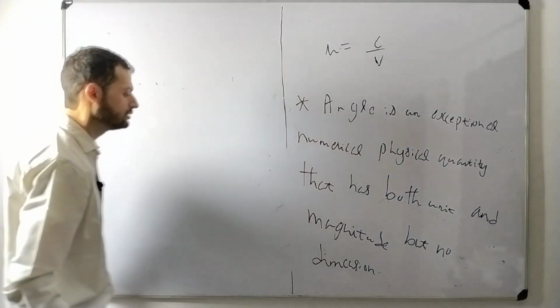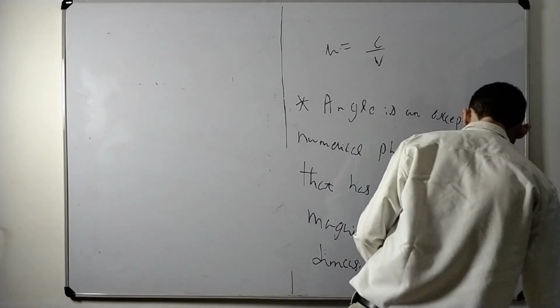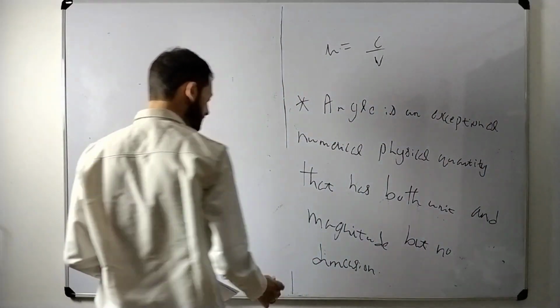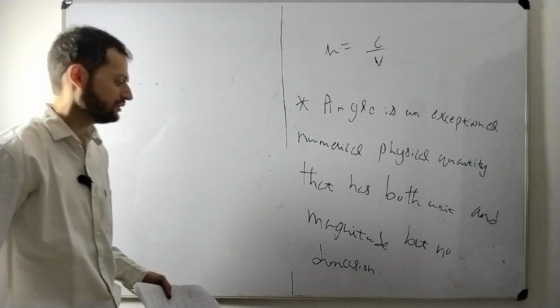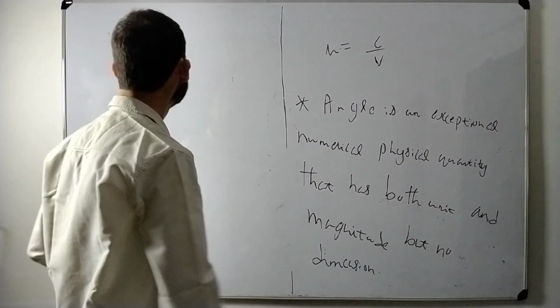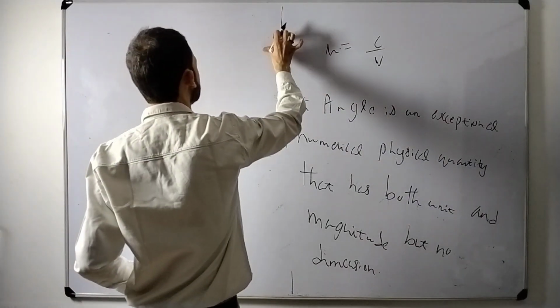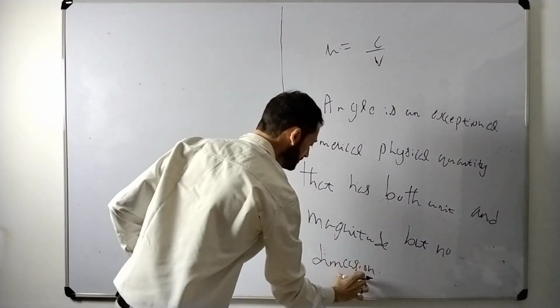Now coming to fundamental quantities and derived quantities. We have discussed our types of quantities. You said there were 3. Yes, but we will see fundamental quantities and derived quantities based on the word dimensions.